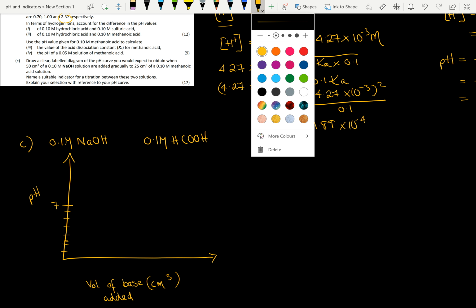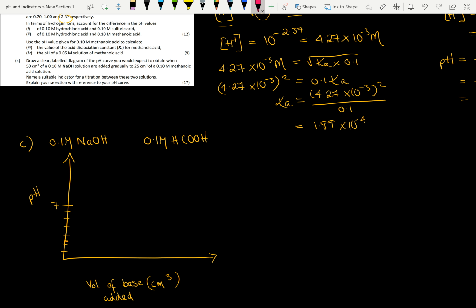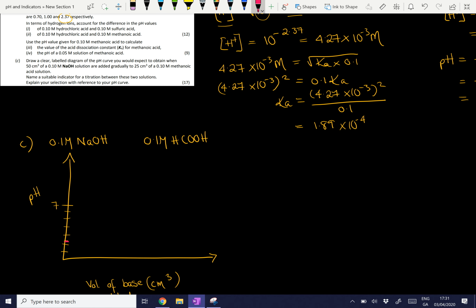Let me change the color of that pen. Okay, so our pH curve is going to start here. Now remember, this is just a sketch. We have 25 centimeters cubed of 0.1 molar methanoic acid.